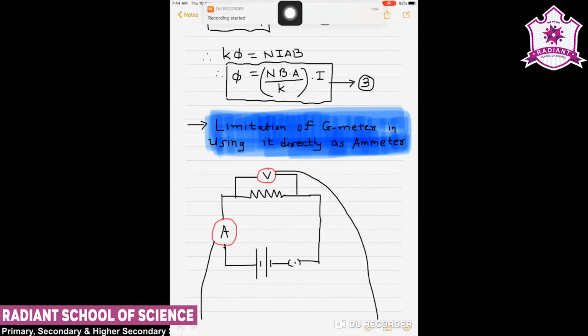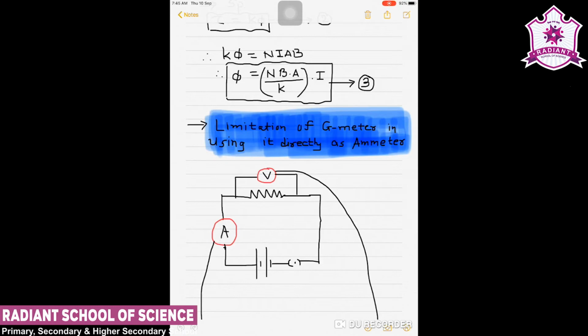Now suppose I want to use this galvanometer as a current measuring instrument, that is an ammeter, or a voltage measuring instrument, that is a voltmeter. But there are some limitations, so we cannot directly use this instrument as an ammeter.